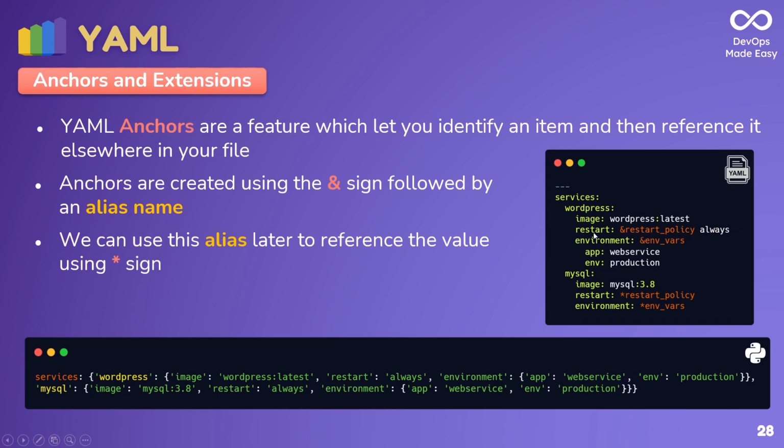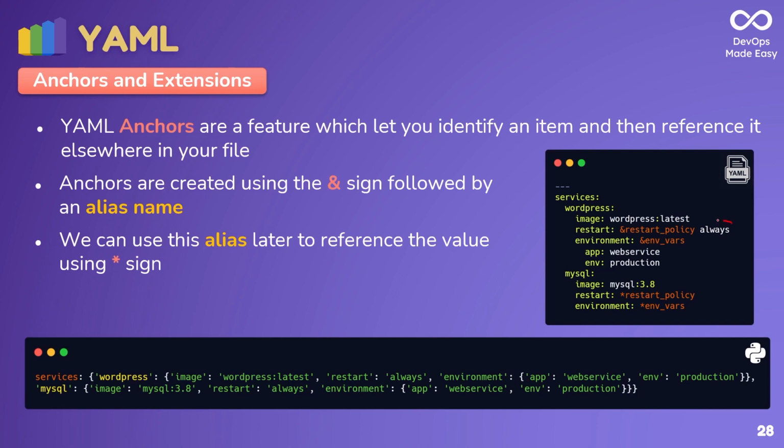If you see here, restart colon always. If I remove this restart policy value, it is simply restart colon always. I wanted to use this key value, restart as a key and always as a value, in multiple places. So for this restart colon, I am giving it a name, restart policy, and anchoring it with an ampersand. Then I'll use this restart colon always key value somewhere by giving star and then the name.